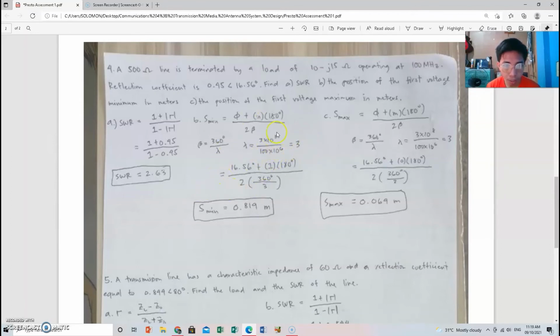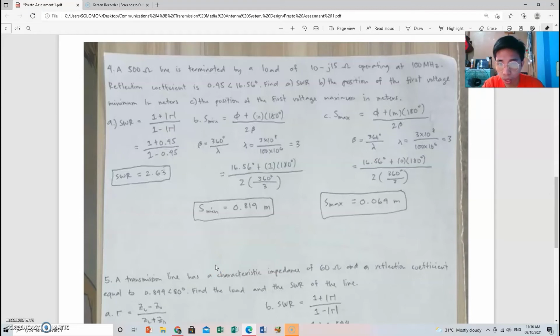Now simply input the data: 16.56 degrees for the phi, plus 1 since we are finding the minimum, times 180 degrees all over 2 times beta. So we have the S minimum equal to 0.819 meters.